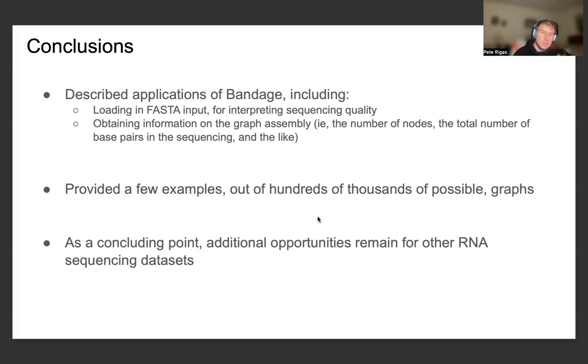And we provided a few examples out of hundreds of thousands of possible graphs from the two FASTA files that we've been talking about, one of which has a total of approximately 7.8 million base pairs, and the other approximately, I think, 65 million or 68 million base pairs. And as a concluding point, many additional opportunities remain, either for other RNA sequencing data sets or other data sets that one can use in tandem with assembly procedure pipelines.